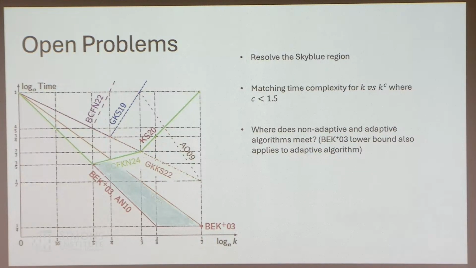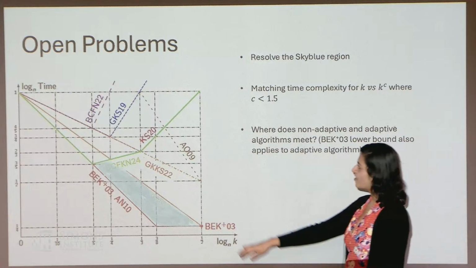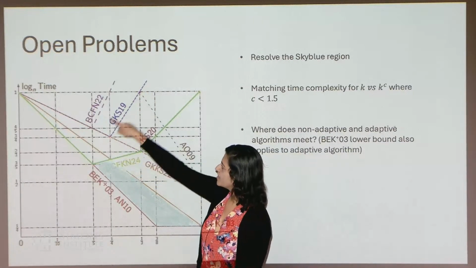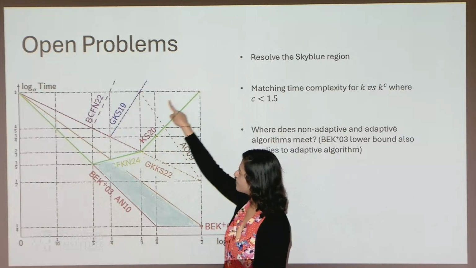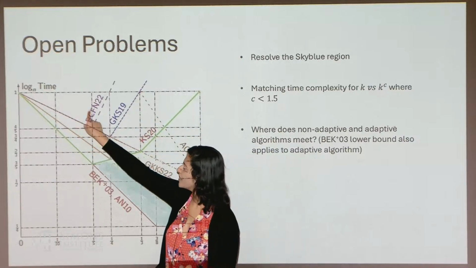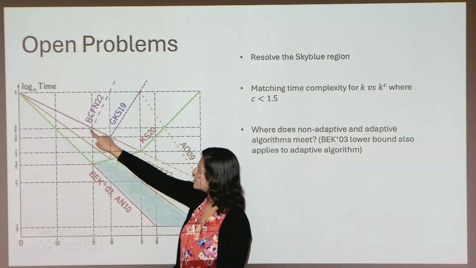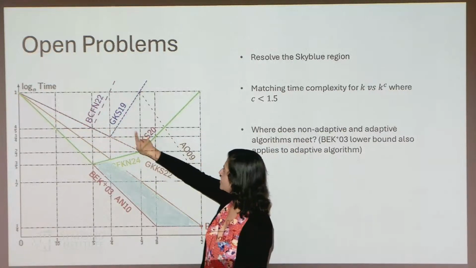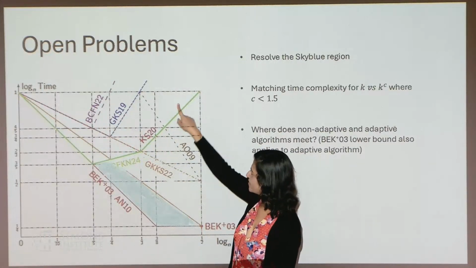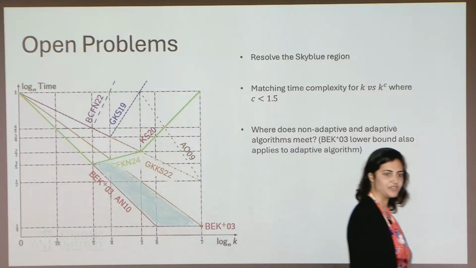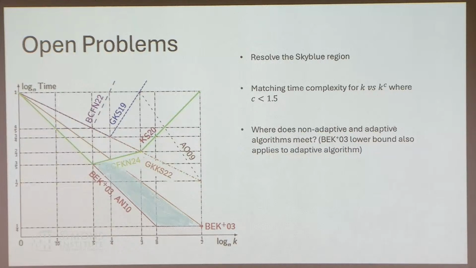And most of it is coming from this polynomial dependency on k. That's why, for all the adaptive algorithms, you are seeing this kind of trend. You are looking at 2022, this is how it grows. The 2019, 2020, 2024 results, all of these have this trend because of the polynomial dependency on k.